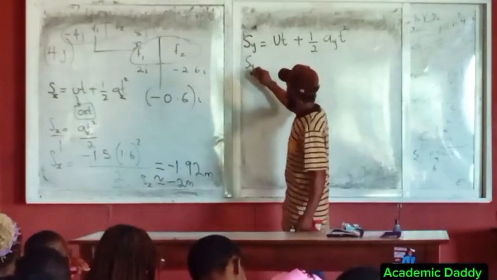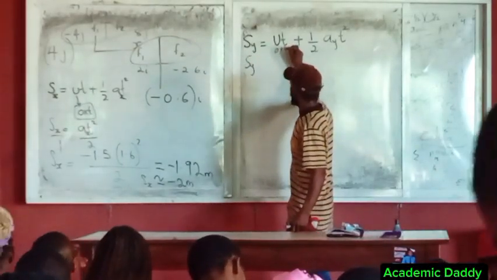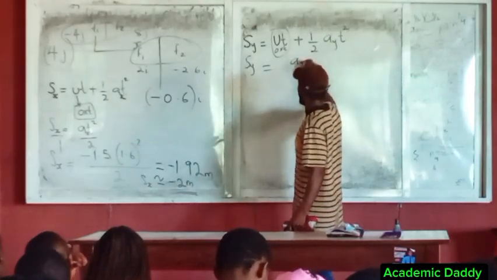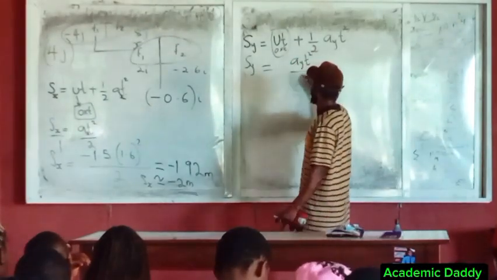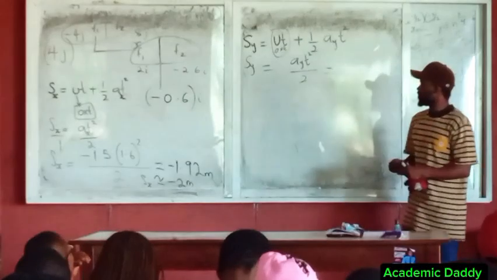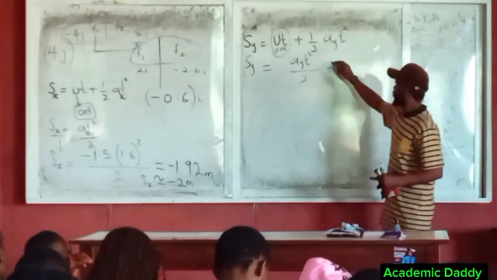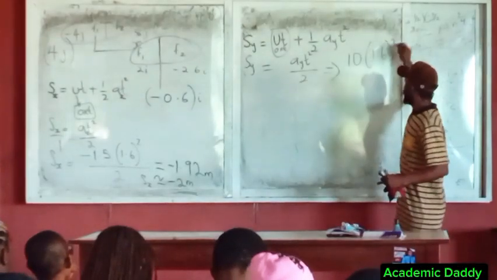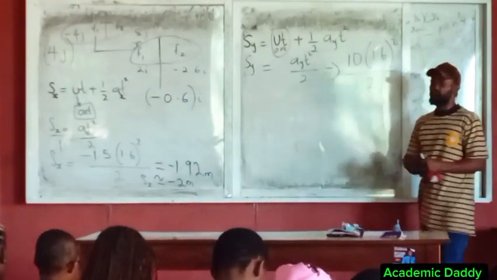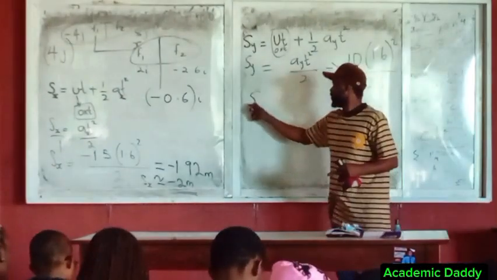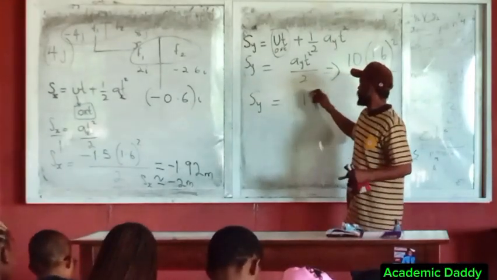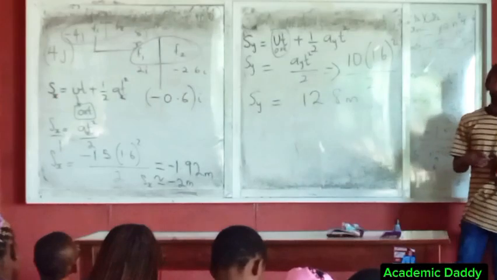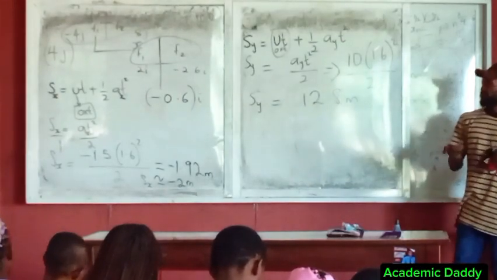So u is 0 times t, everything here will go out. So I have sy equals ay t squared over 2. So acceleration of y-axis is what? 10. Times 1.6 squared all over 2. So 12.8, in meters. I know that the unit of displacement is meter. Very, very simple.